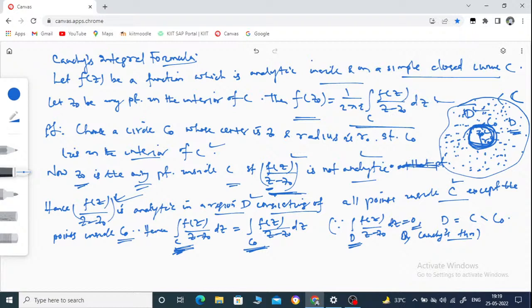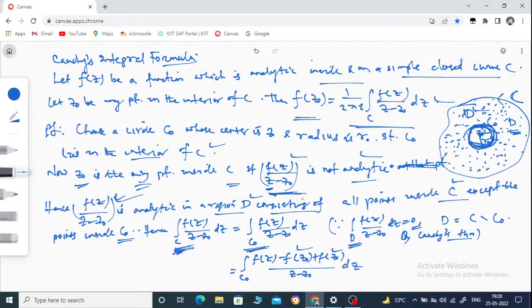Then what will I write? Integration over C naught, and in place of f of z, I can write f of z minus f of z naught plus f of z naught, whole divided by z minus z naught dz. I am just subtracting f of z naught and adding f of z naught, so this will be the same.